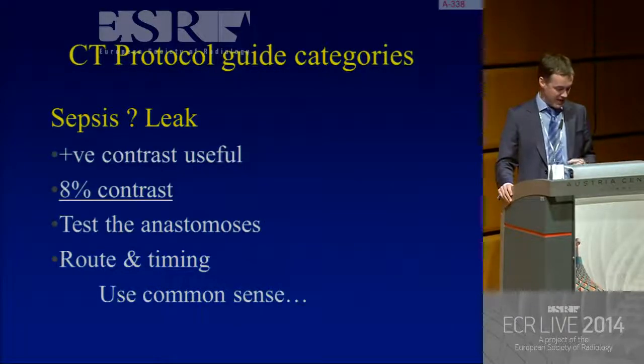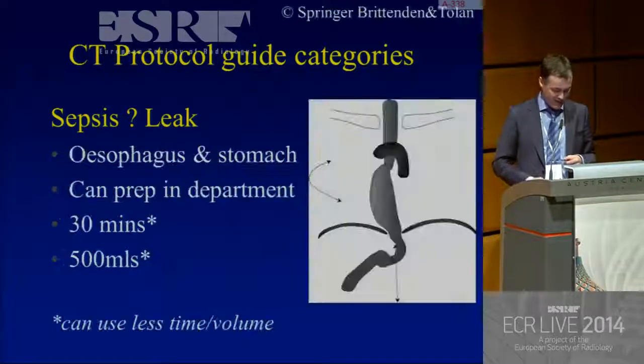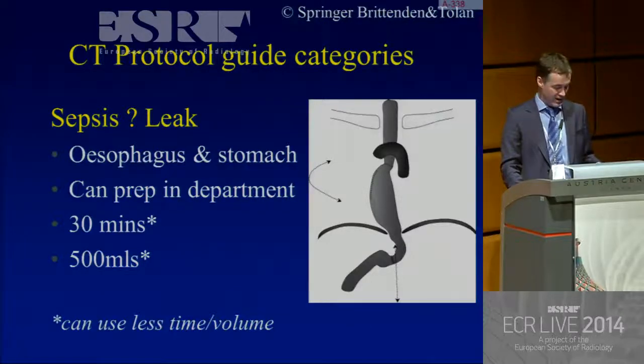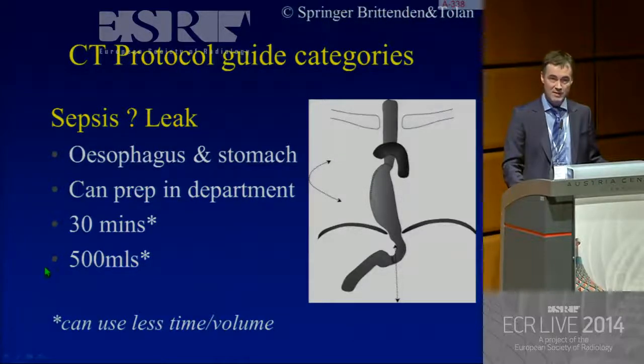That is the key. And we're going to use common sense about timing and how much contrast to give. So for the esophagus and stomach, these patients can just prep in the department. You can get them down for half an hour, give them maybe 500 mils of this 8% contrast, and then do the scan. And that will test the esophagus and stomach anastomosis.